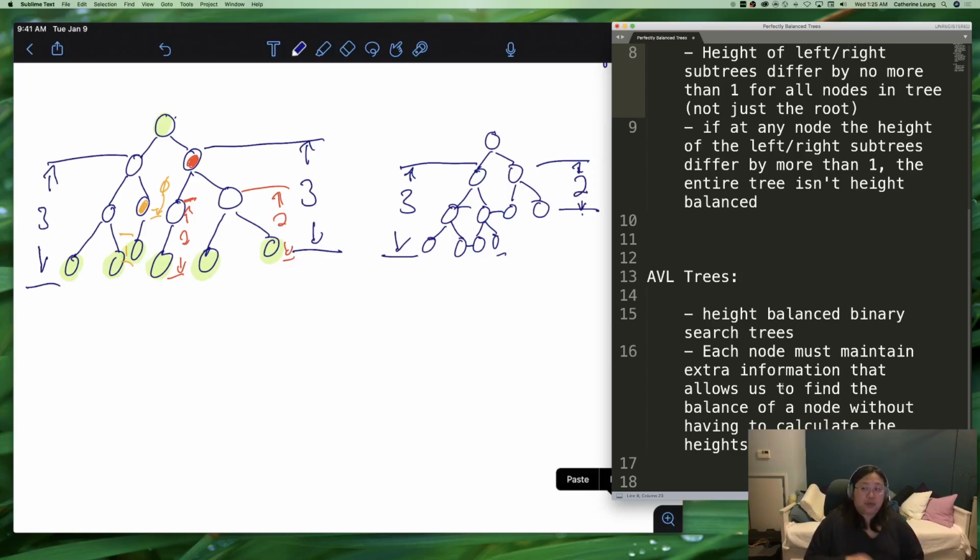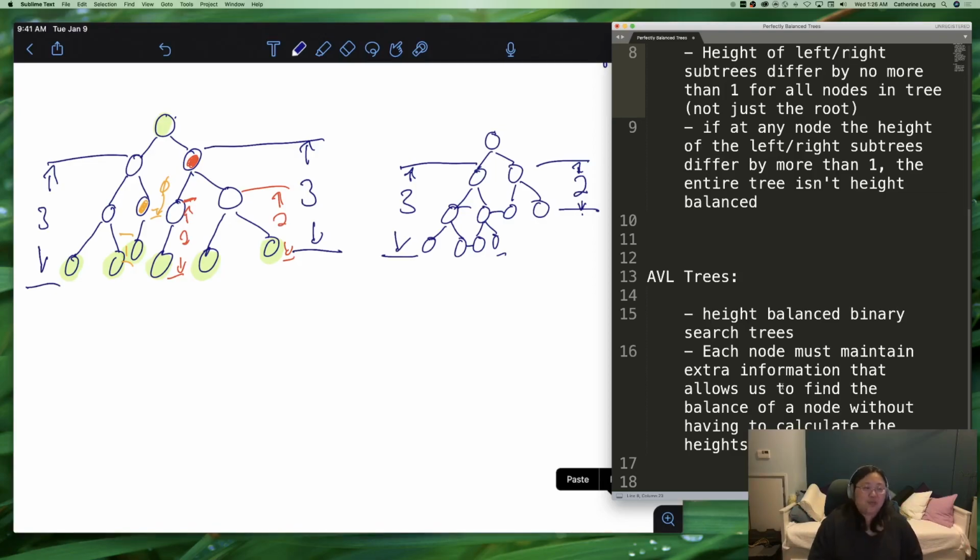Every node actually requires a little bit of extra information, and that extra little bit of information allows you to maintain this height balance. We'll talk about that in the next video. This is just what AVL trees are: height balanced binary search trees where we maintain a little bit of extra information so that we can keep it height balanced. That's all it is, okay?